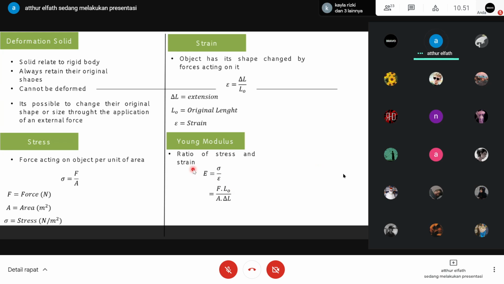So this means the units of Young modulus is only Newton per meter square.